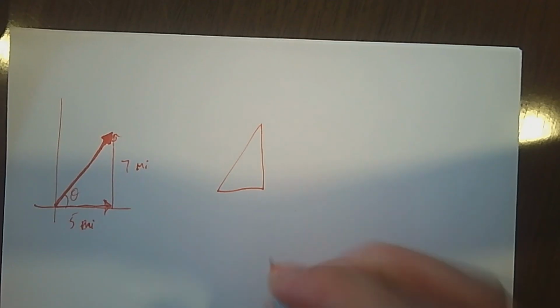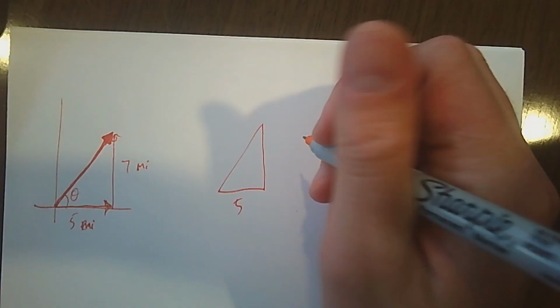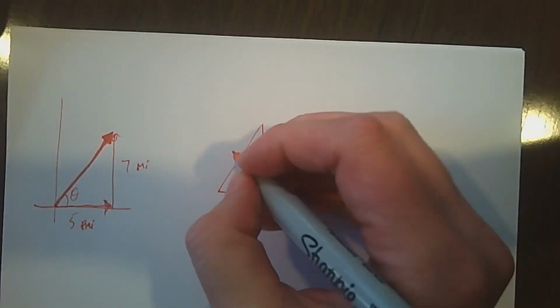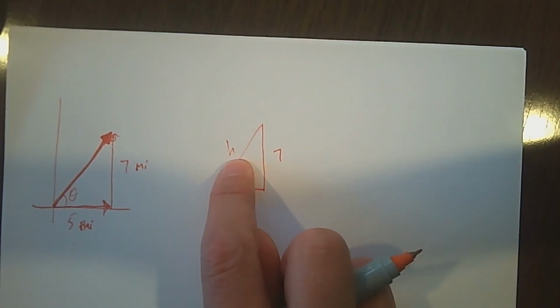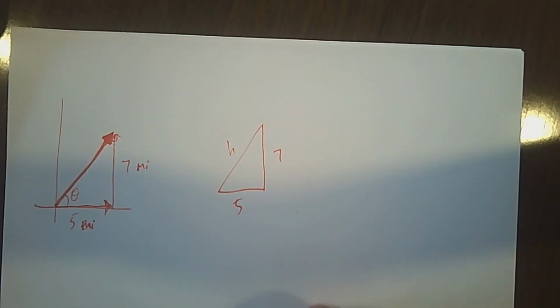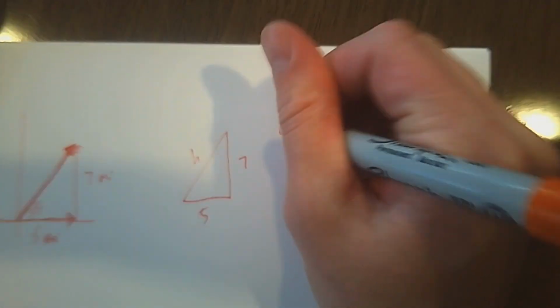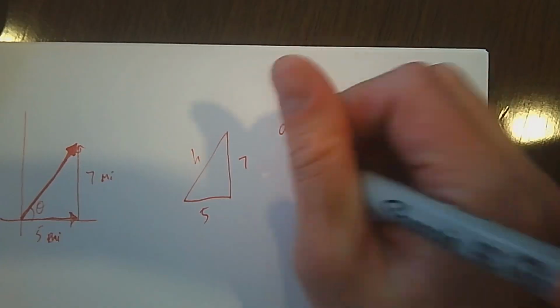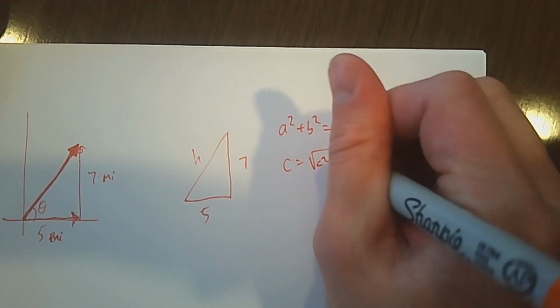So here we have a right triangle, where one of the legs is 5 units and the other is 7. The first thing we should do is solve for the hypotenuse h, and we can use the Pythagorean theorem. a squared plus b squared equals c squared, which means that to find c, the hypotenuse, we take the square root of a squared plus b squared.